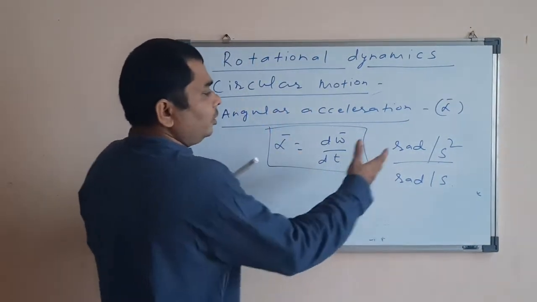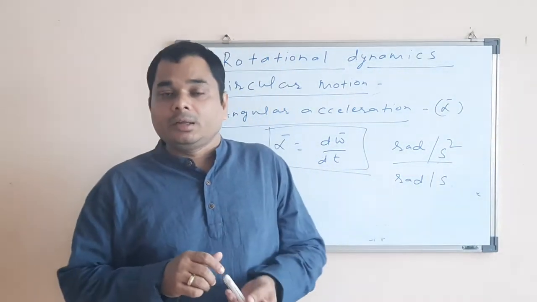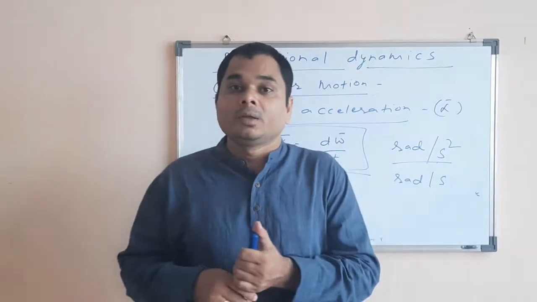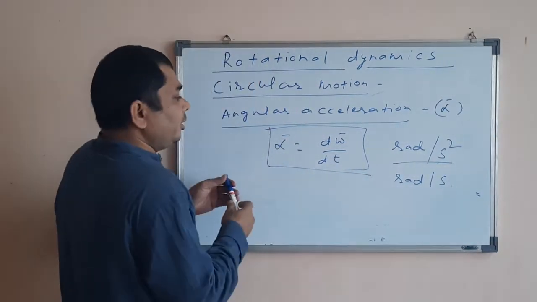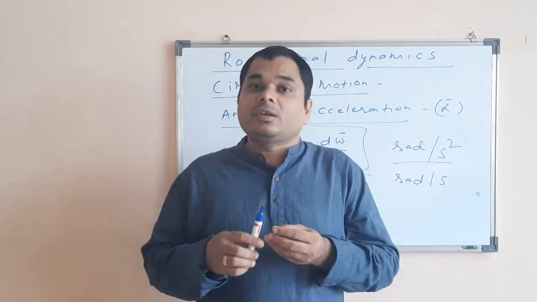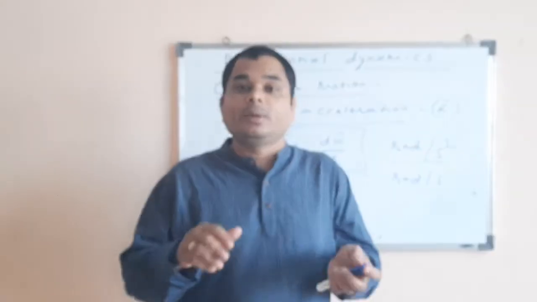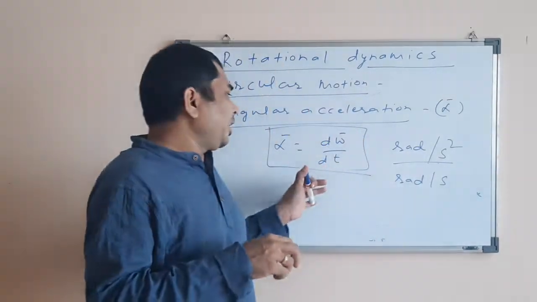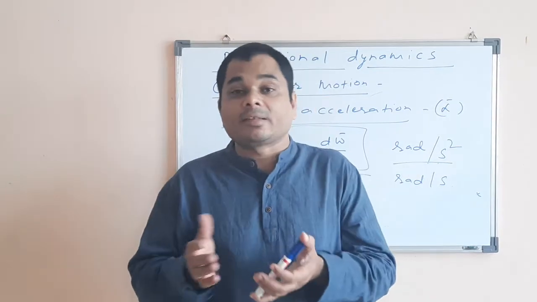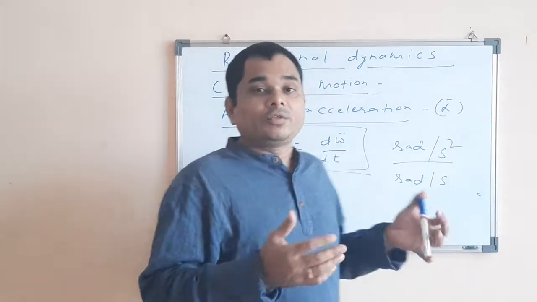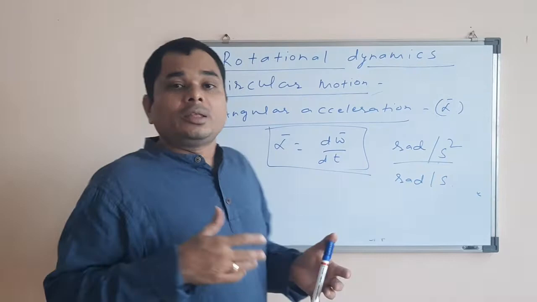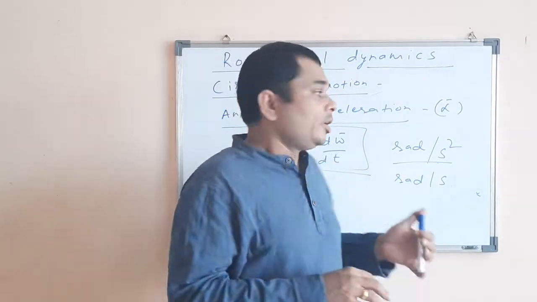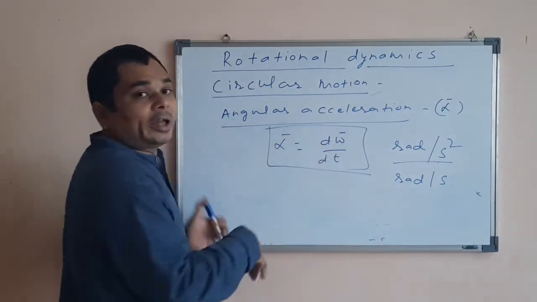Again it's a vector quantity, so the direction of angular acceleration can be either in the same direction as that of the angular velocity, or in the opposite direction. See, if the angular velocity is increasing with time, then the direction of angular acceleration is the same as that of the angular velocity, and if the angular velocity decreases with time, then the direction of angular acceleration will be opposite to that of angular velocity. So this is how we determine angular acceleration.